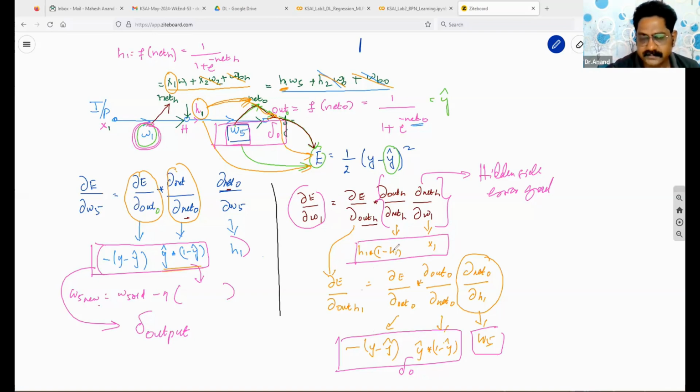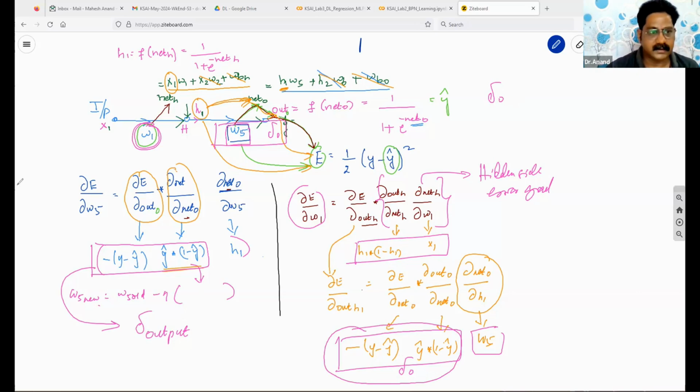So what is this term? This term is nothing but your hidden side error gradient. So how do you say a minus of y minus y cap times this term? You are calling this the output side error gradient. Now, the hidden side error gradient, how should I call the whole term, what we call output side error gradient, right? Your output side error gradient.